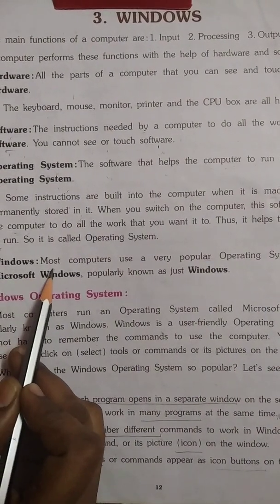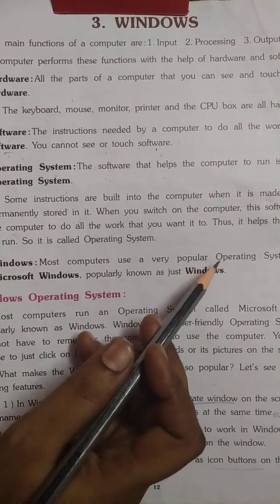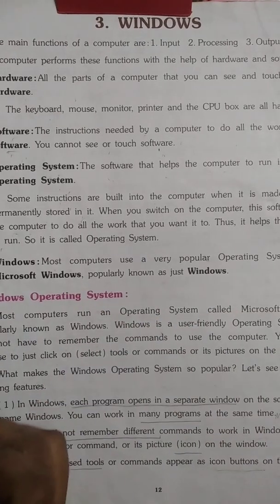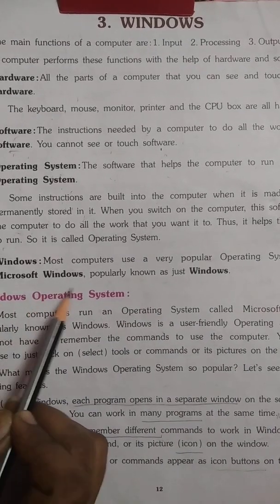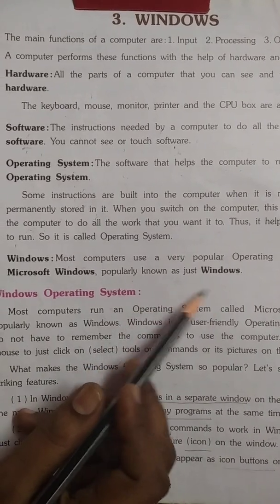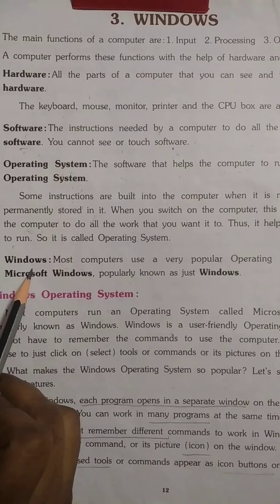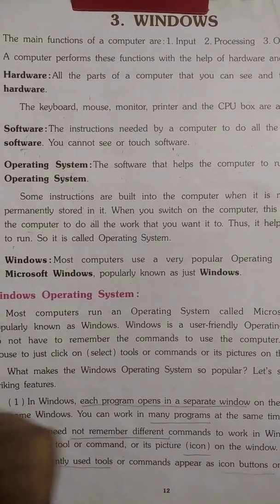Now which is the operating system? Windows. Most computers use a very popular operating system called Microsoft Windows, popularly known as just Windows. Windows is the most popularly used operating system.